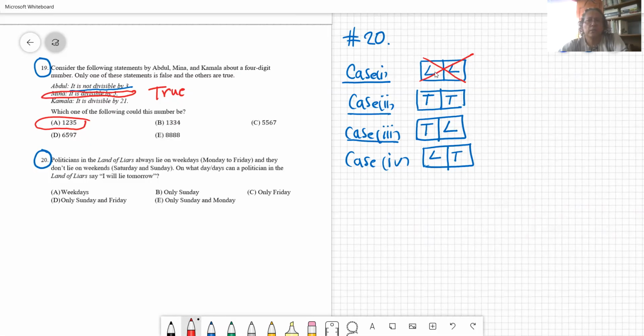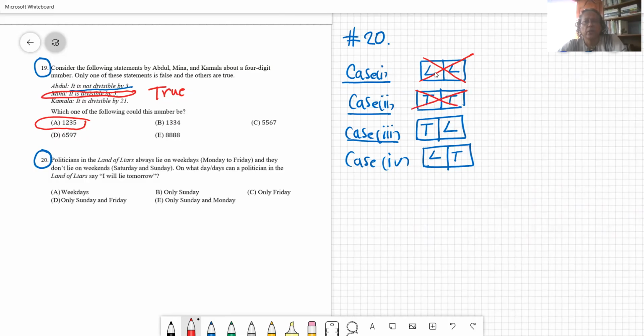Now, if he tells the truth both days, and he says that I will lie tomorrow on the first day, then he has to lie on the second day, but he can't do that if he has to tell the truth on the second day also. So this case is also not possible.